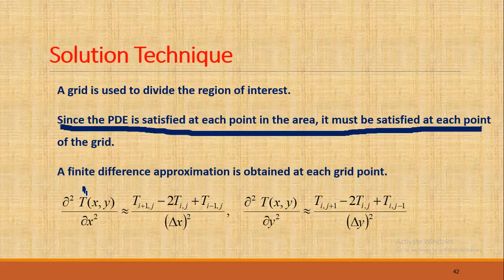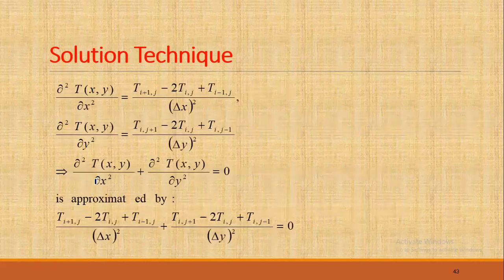So what is ∂²T/∂x²? We use the central difference in space, and for ∂²T/∂y² we also use the central difference in y. So for both second order derivatives we use the central difference and we define the equation.